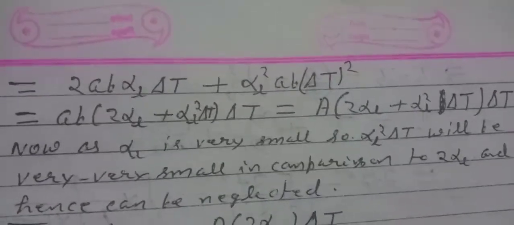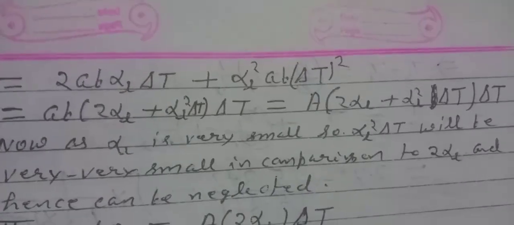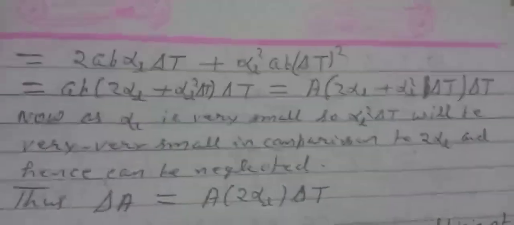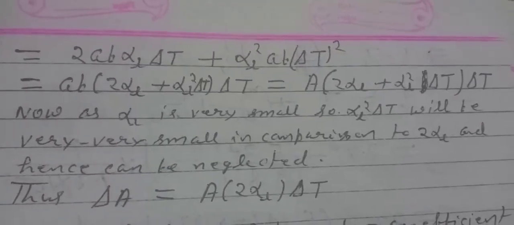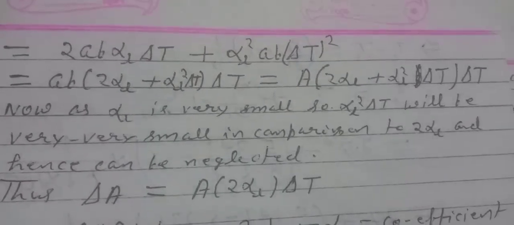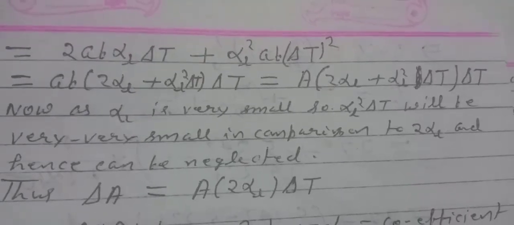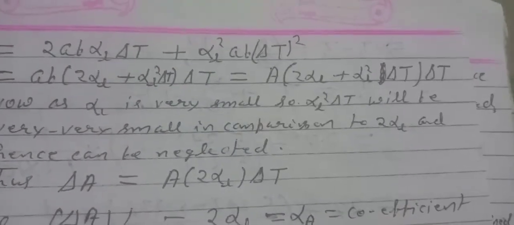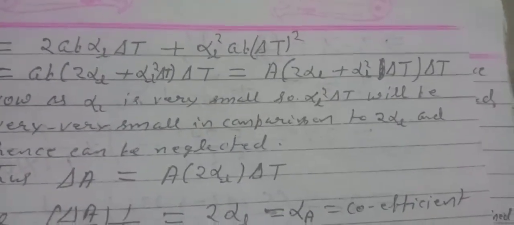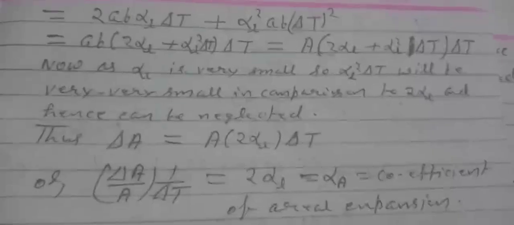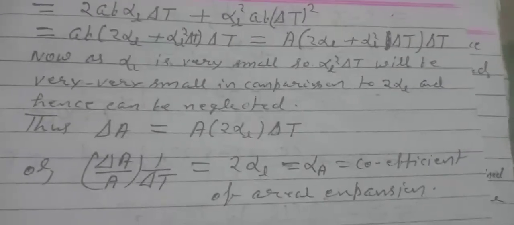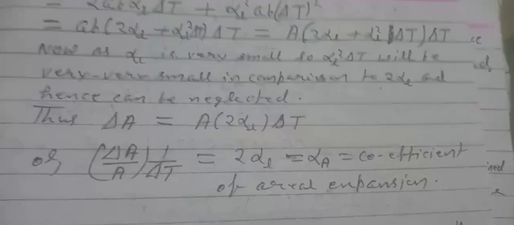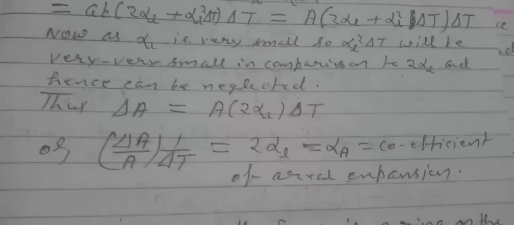2AB into alpha L into delta T plus alpha L square AB into delta T whole square, equals AB into bracket 2 alpha L plus alpha L square delta T bracket closed into delta T. Now as alpha L is very small, alpha L square into delta T will be very small in comparison to 2 alpha L and hence can be neglected.